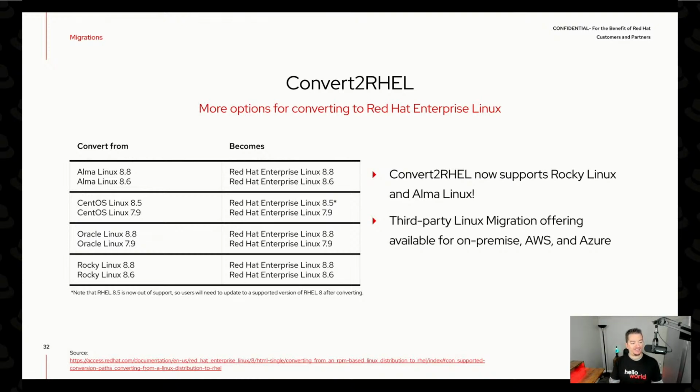So I'm really excited to see that we're getting more detail in that matrix. So you can do in-place conversions to more targets, and now with more distributions. So that's Oracle, CentOS Linux, Rocky, and Alma, and we're keeping an eye on the community to see if there's any other targets that we need.